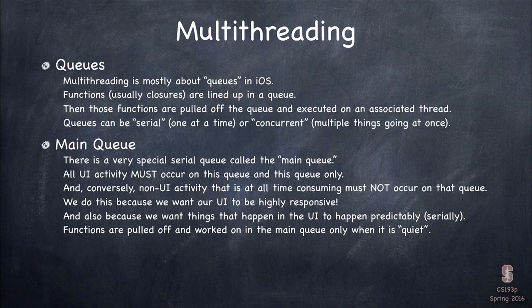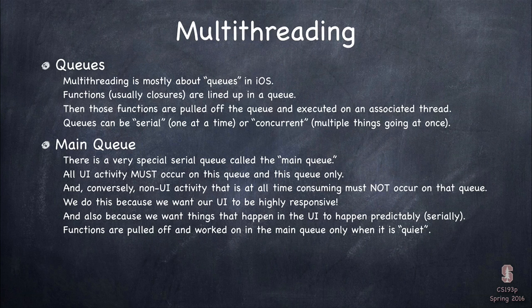In other words, you can't put those calls in a closure that you put on some other queue. It has to be on the main queue. Now, conversely, all non-UI activity that's going to take any amount of time or resources probably wants to be off the main queue, so it never blocks the main queue. We want the main queue reserved for doing our UI stuff as much as possible.